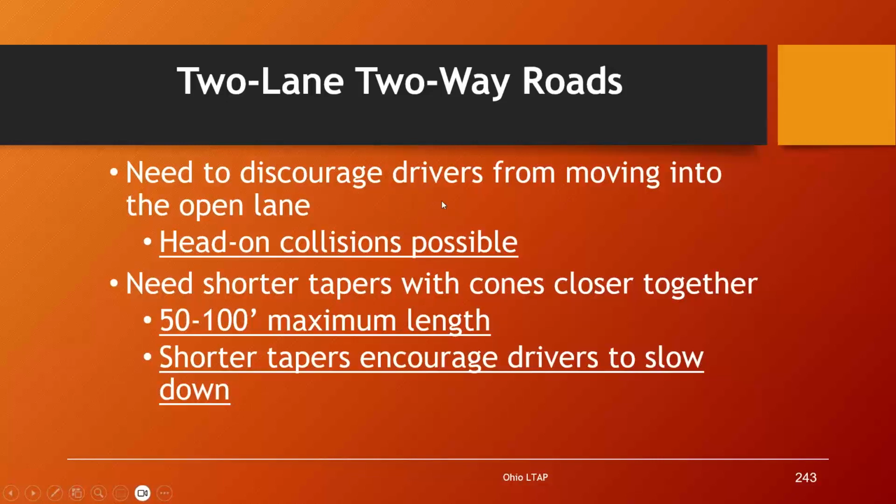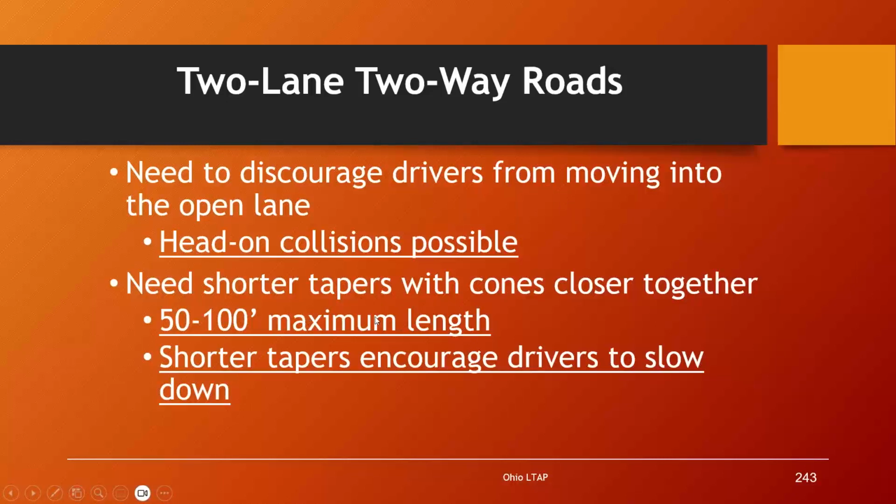The theory is that a shorter taper where the cones are closer together really draws attention to the motorists, because what they see from a distance is a wall of cones across their lane. So it's very important not to skip the installation of the cone taper.